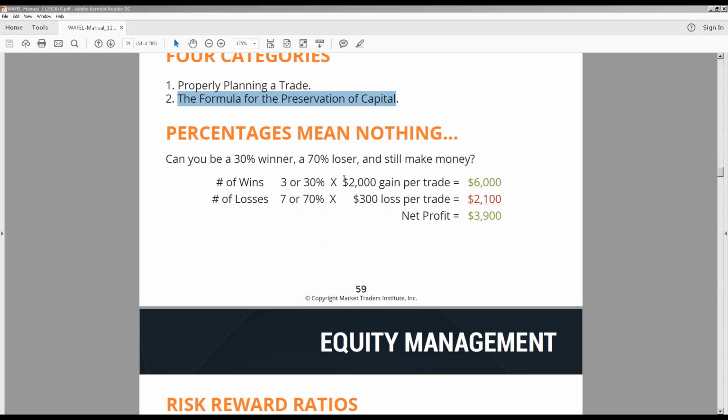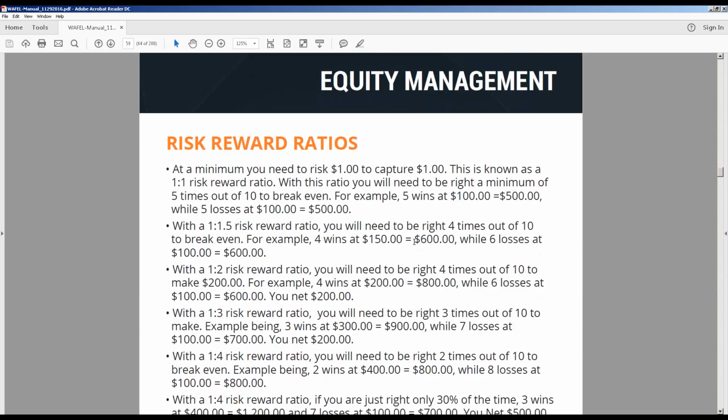If I have 7 losing trades and I lose $300 on a losing trade, I'll be down to $2,100. But at the end of the day, I will realize a net profit of $3,900. Right, so even with a strike rate of 30%, where I lose 70% of every 10 trades that I take, or I win 3 out of every 10 trades, then I can still walk away with a profit.